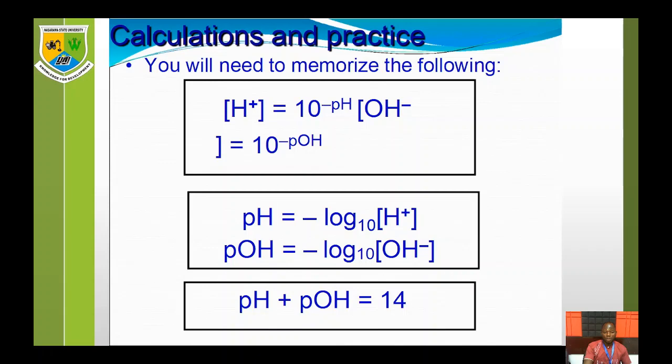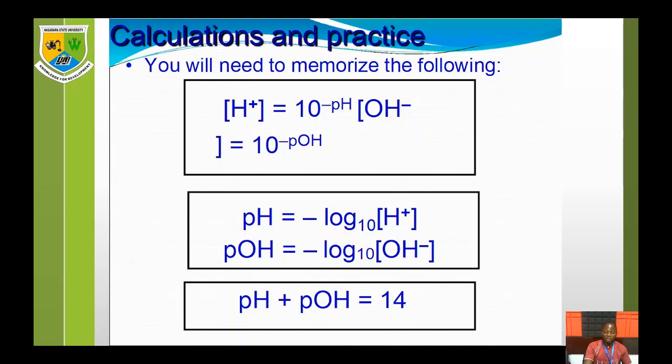So, calculation and practice for pH. pH has to do with numbers and figures, and it is often necessary to calculate the values of pH. So for us to be able to calculate the values of pH very effectively, there are fundamental terms we need to be familiar with. One, the hydrogen ion concentration equals 10 raised to the power of minus pH.